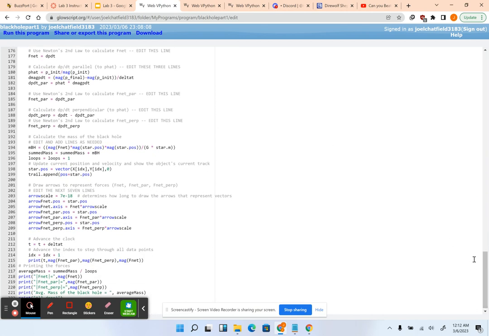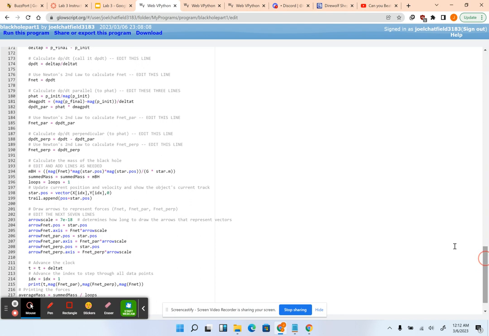And then F net is going to be equal to the derivative of momentum, which is just the change in momentum over the change in time, due to averages because we don't know the exact equations. P hat is just P initial divided by the magnitude of P initial to get a vector of size 1 in that direction. And then the derivative of the magnitude is the change in magnitude divided by delta t.